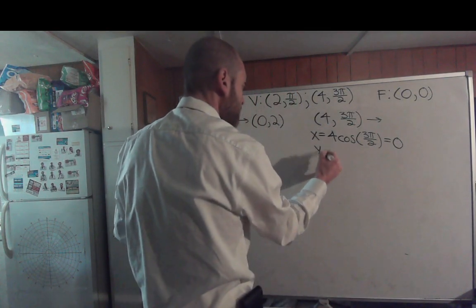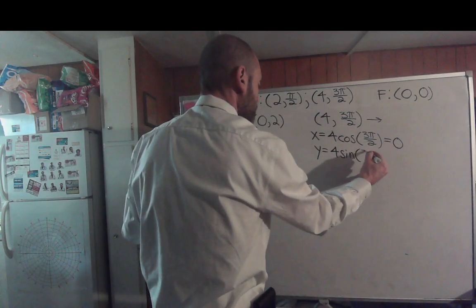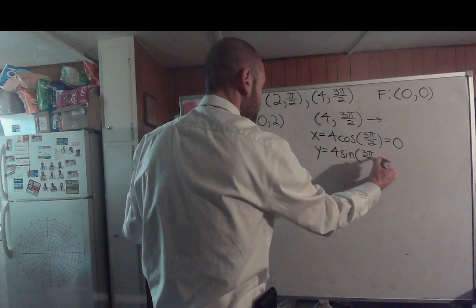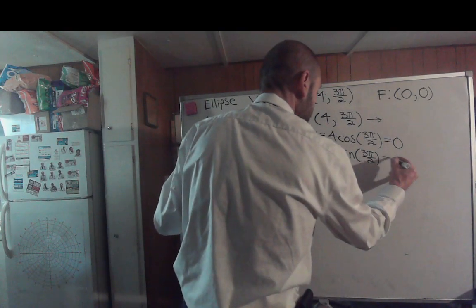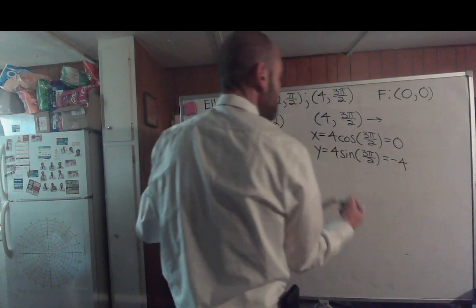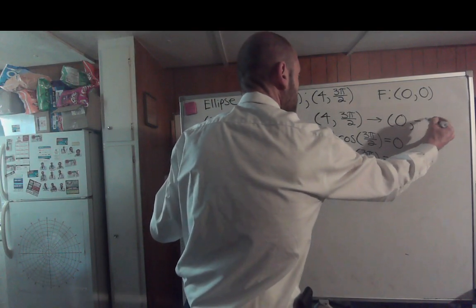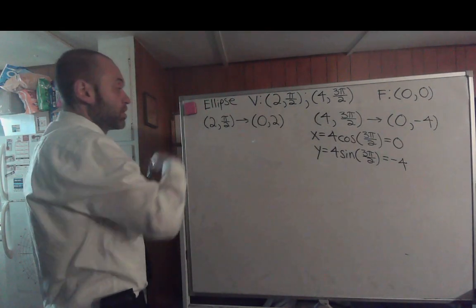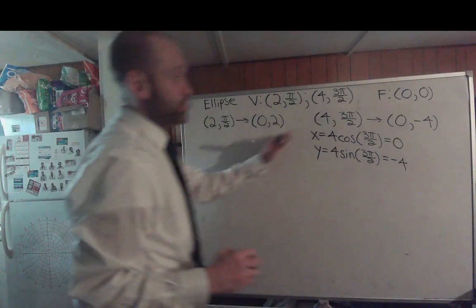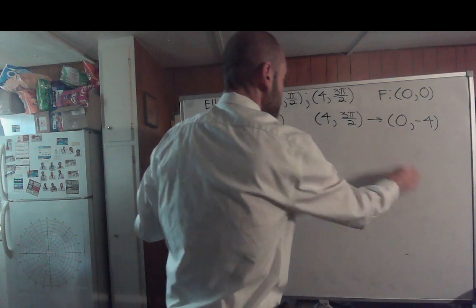And then y would equal 4 sine of 3 pi over 2. Well, the sine of 3 pi over 2 is negative 1 times 4 gives you negative 4. So 4, 3 pi over 2 becomes (0, -4) in the rectangular system. Alright, so we've got our two vertices converted to rectangular coordinates. We're off to a good start there.